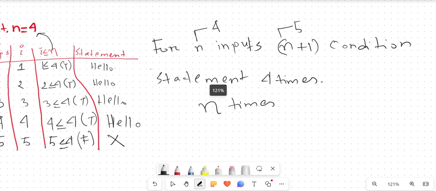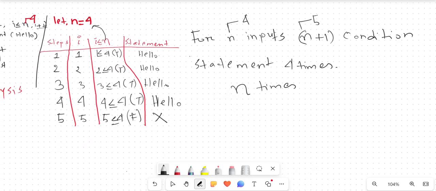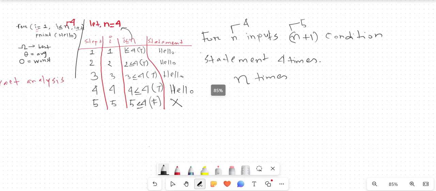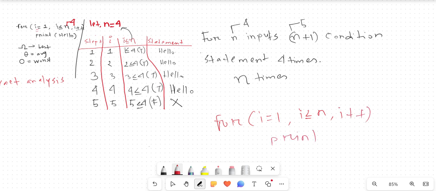By analyzing this algorithm, let's compute my for loop. For I equals 1, I less than or equal to n, I plus plus, and this is my print statement. Print was hello.